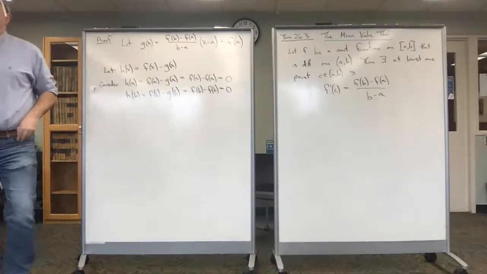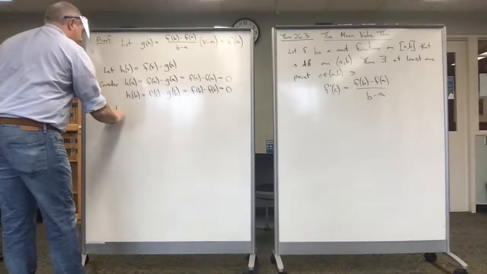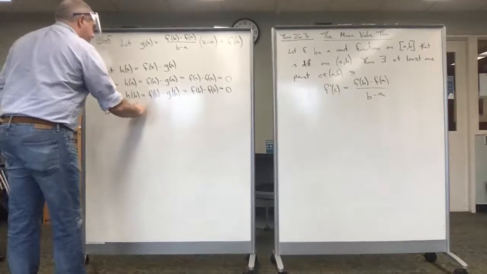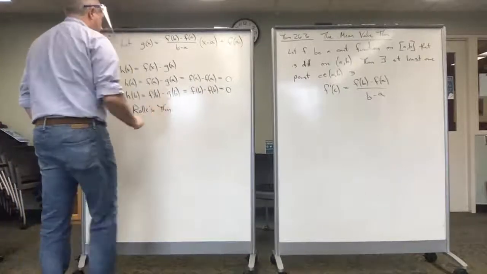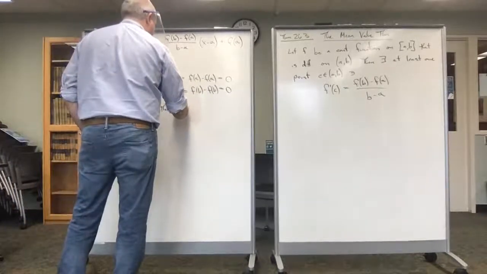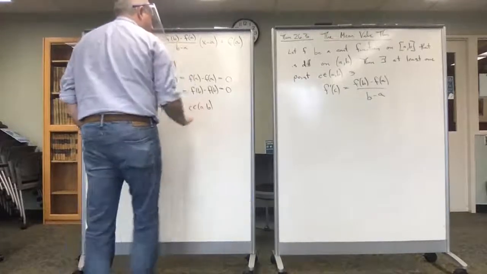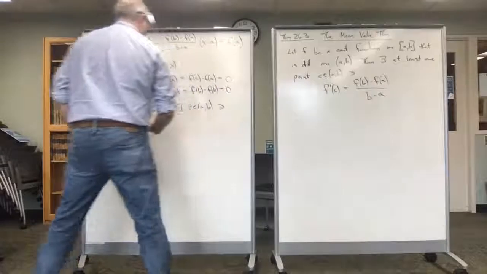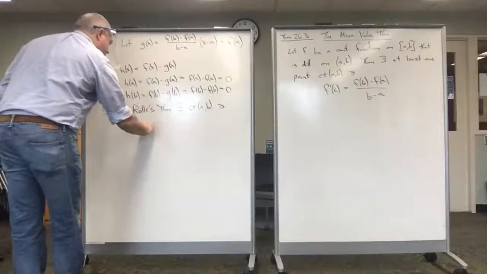Agreed? So by Rolle's theorem, there exists c in between a and b such that h prime of c is 0.